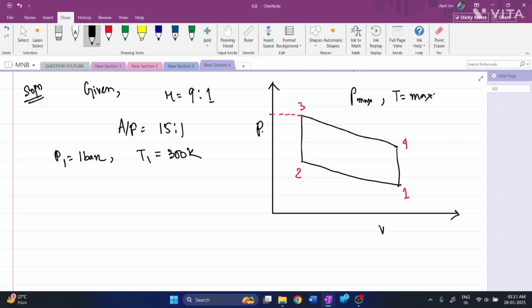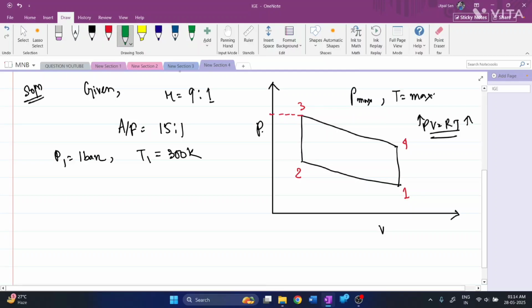As the pressure increases, temperature also increases, as we have the PV equal to RT relation. Since it is a constant volume heat addition, as pressure increases, temperature will also increase here.